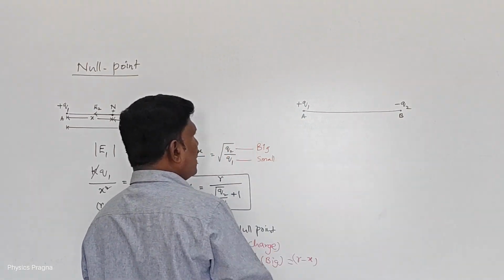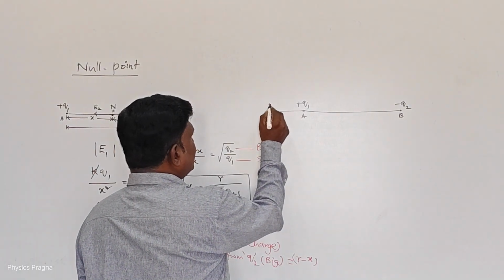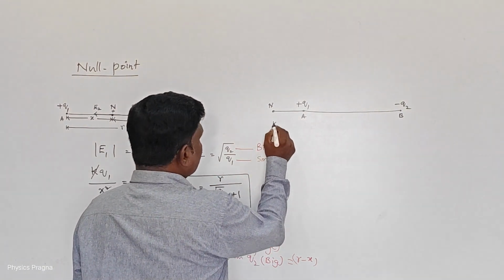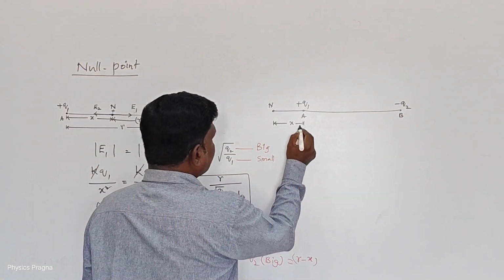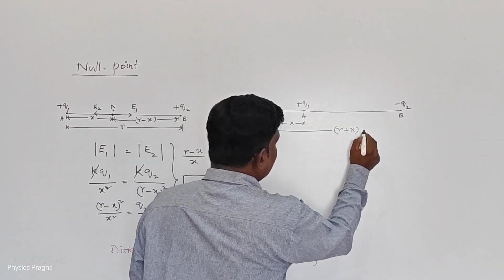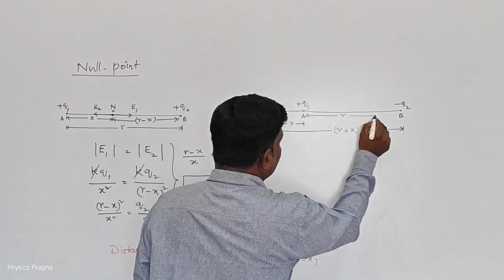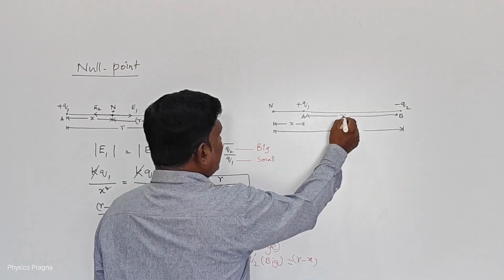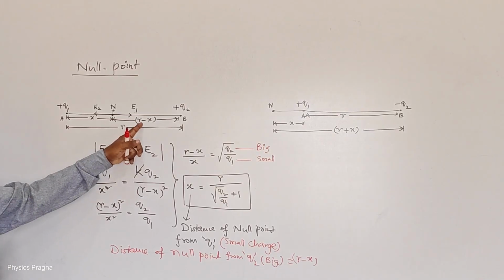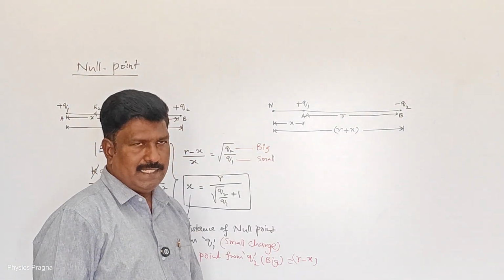The distance between them is R. The null point is always outside. This is N for null point. So this is X here and this is R plus X here. The distance between them is R. So don't forget, like charges X, R minus X; unlike charges X, R plus X.